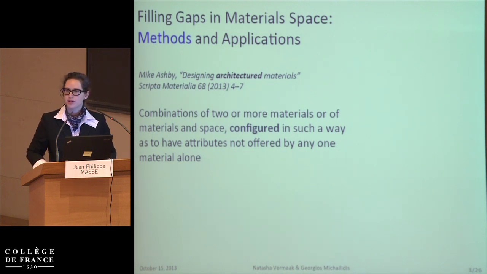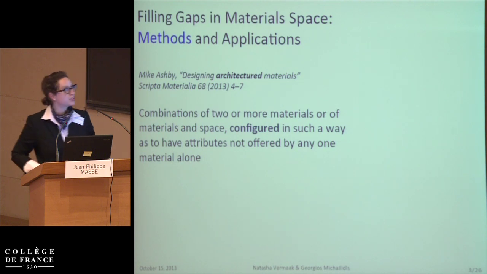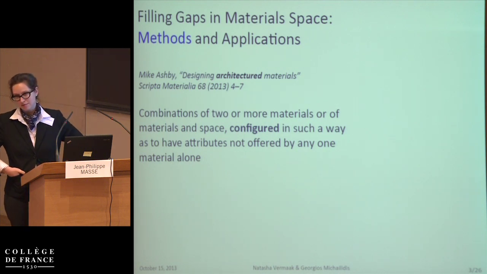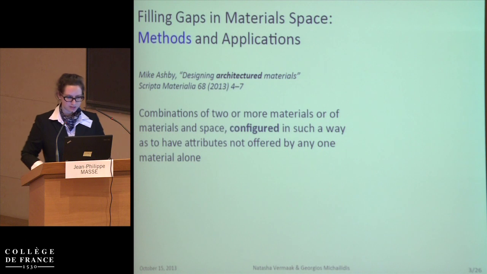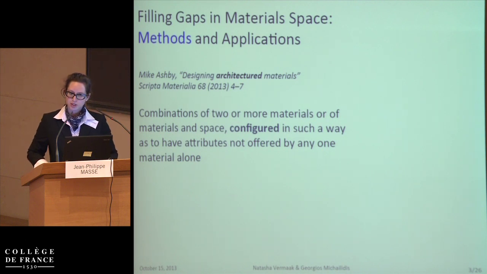We're taking as inspiration the architectured materials that many people have been working on for quite a while. I just happened to take the definition from Ashby recently in a paper from 2013: combinations of two or more materials or materials and space, configured in such a way to have attributes not offered by any one material alone.